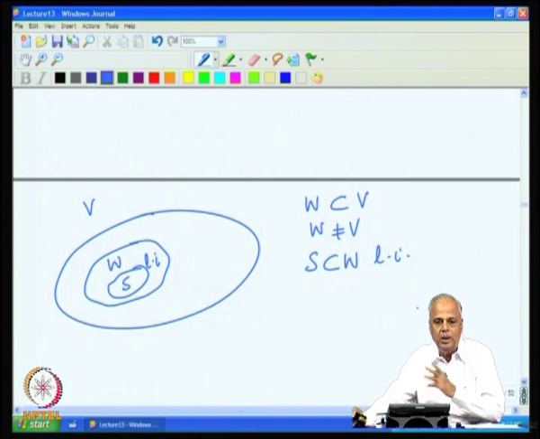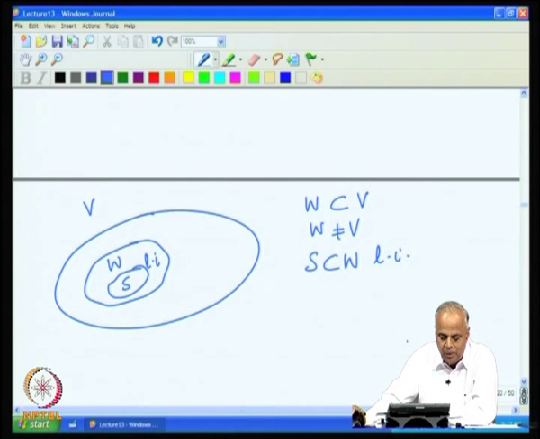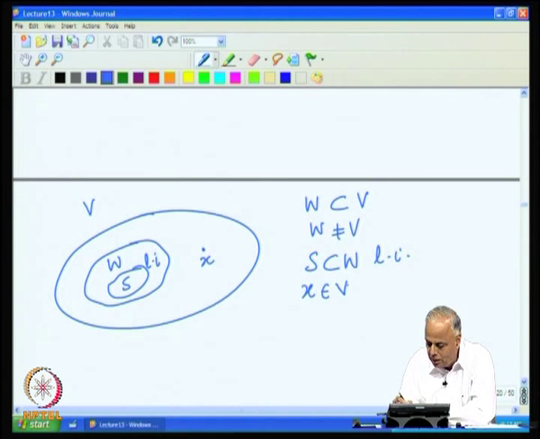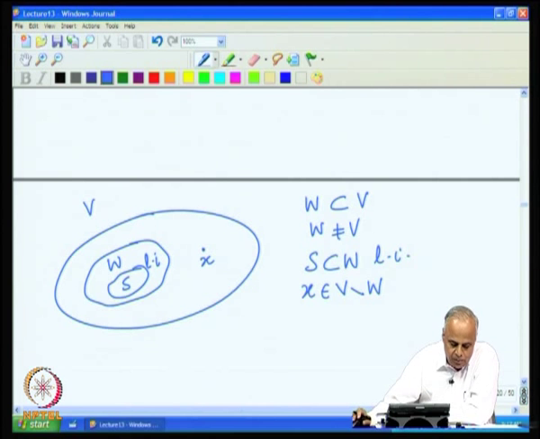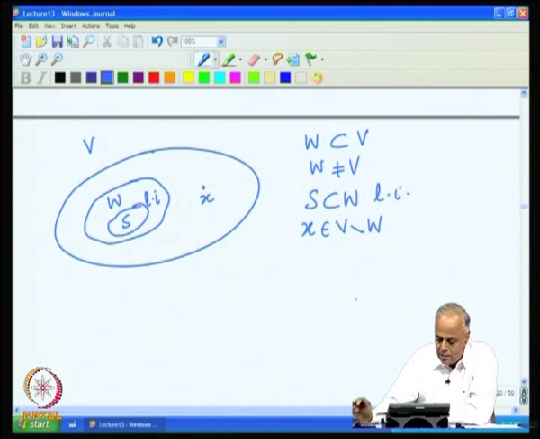So, we have vector space V, inside that sitting a proper subspace W, inside that is sitting a linearly independent set, and since W is not equal to V, there is something outside. So, let us pick a vector x which is sitting outside. So, x belongs to V minus W. There is a vector x which is sitting outside W, because we are assuming that W is not equal to V. In that case, can x be 0?